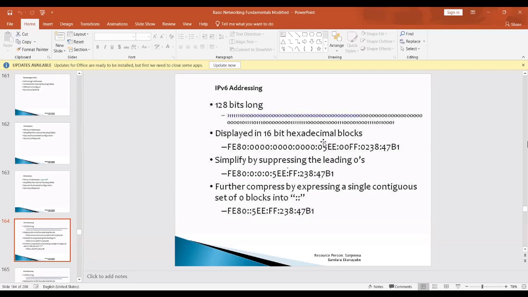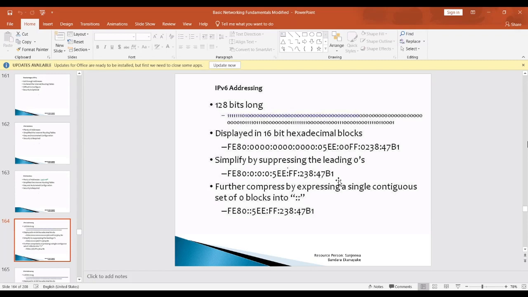So if you want to represent an IP version 6 address, you use 8 blocks, and you can simplify it by using different rules. One rule is that we can omit leading zeros, and we can represent consecutive zero groups by a double colon.